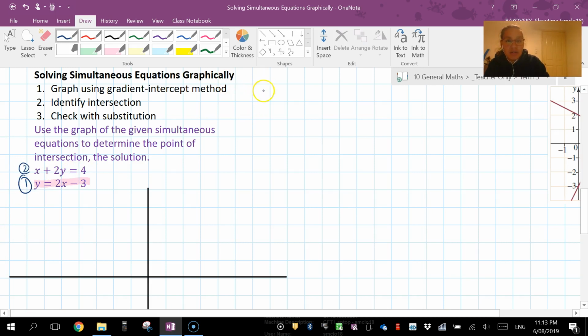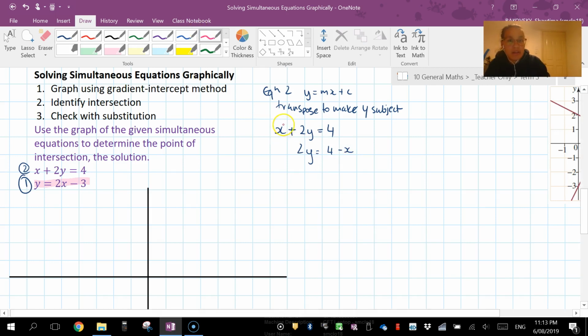So equation 2 into y equals mx plus c, or transpose. That's what we're doing, making y the subject. So x plus 2y equals 4. Moving things around, I could move that over there, but it's easier to go 2y equals 4 minus x.